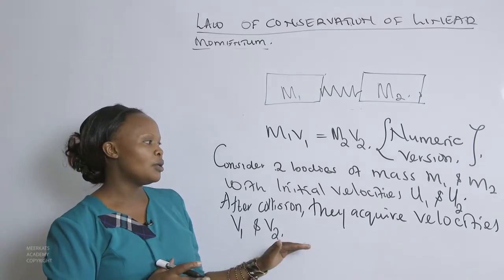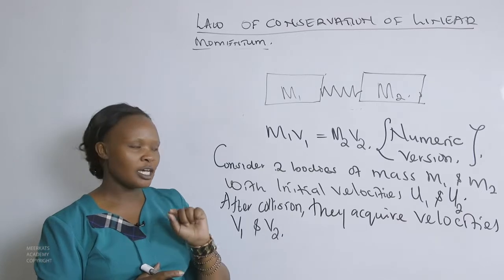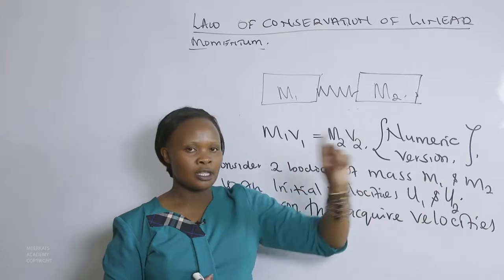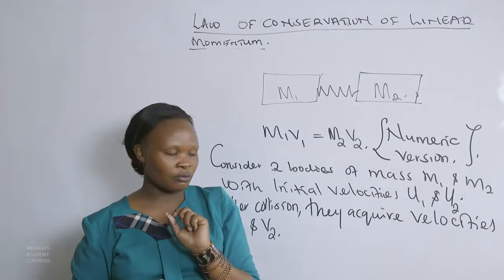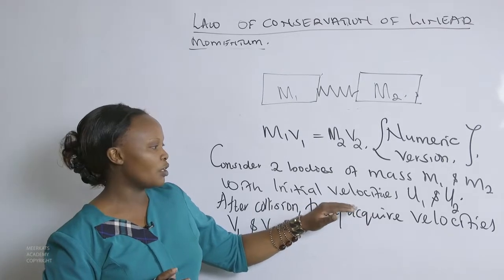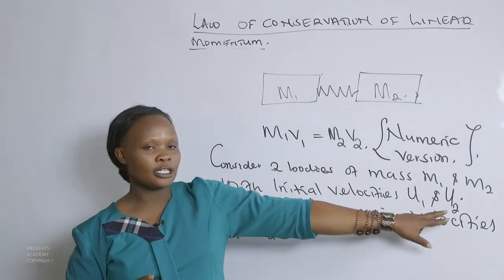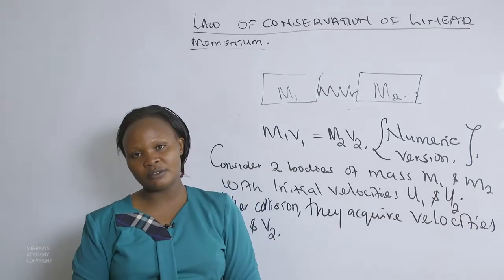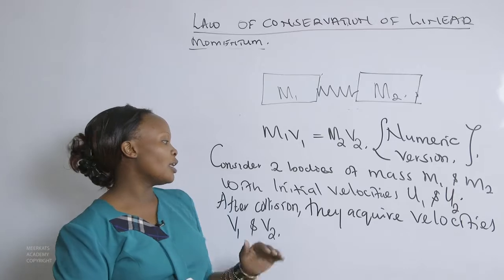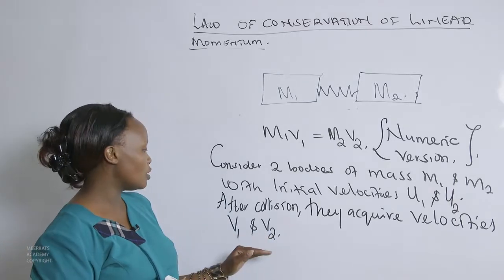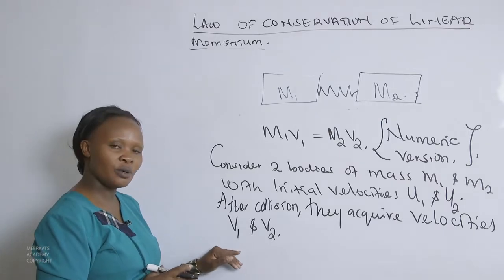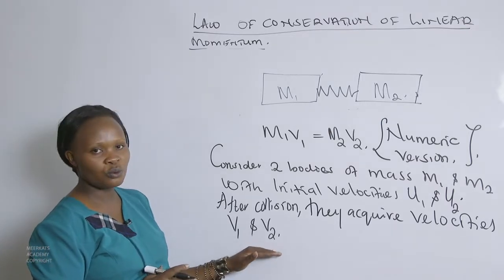Now, we are saying that the bodies have masses m1 and m2. They are in a state of motion where each one of them is moving at u1 and u2 respectively. Now, when they collide, they acquire, after collision, new velocities v1 and v2.